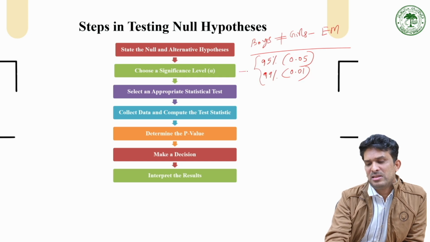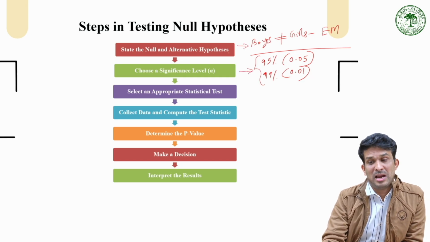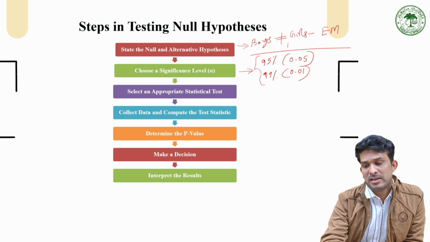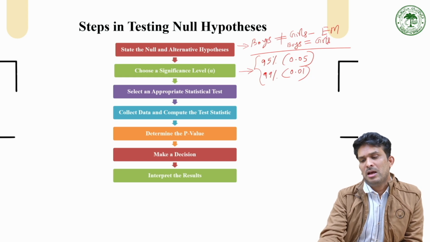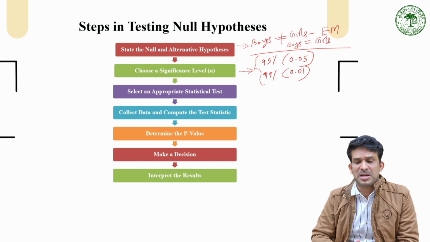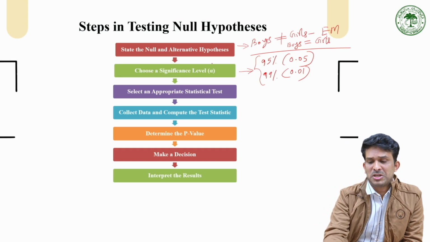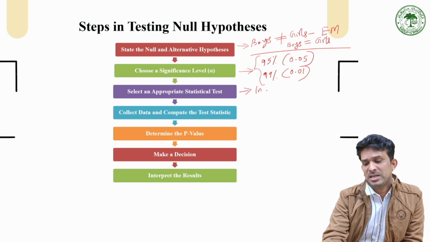Here I have mentioned the alternate hypothesis. What is the null hypothesis? I forgot to mention that: boys' mean is equal to girls' mean. This is the null hypothesis. Alternate and null hypotheses we have written, we mention the level, and we have chosen the appropriate test, that is the independent sample t-test.